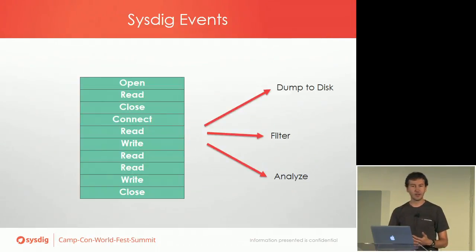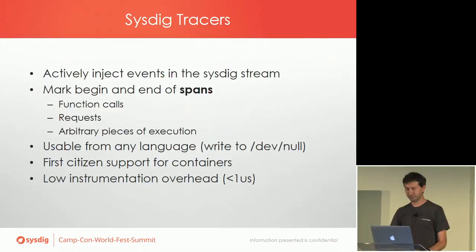The stream, and now you're familiar with it, looks a bit like a sequence of operations that the different processes are doing on top of the kernel. So Sysdig is able to dump them to disk, filter them, let you analyze them, and all of the fun applications that we've seen in the previous demos.